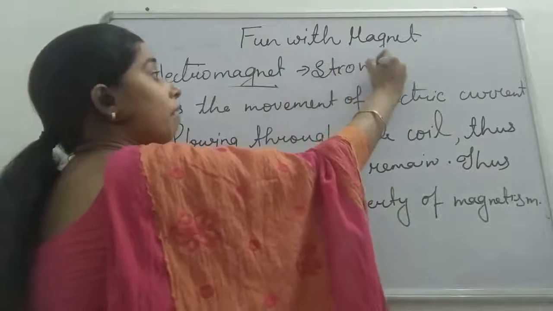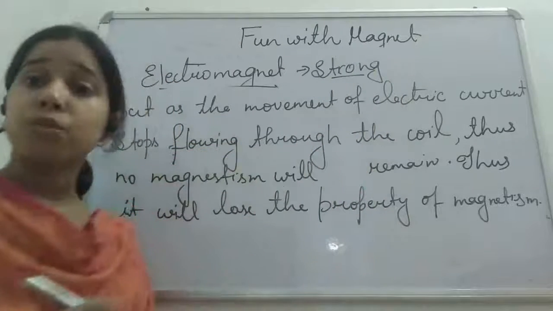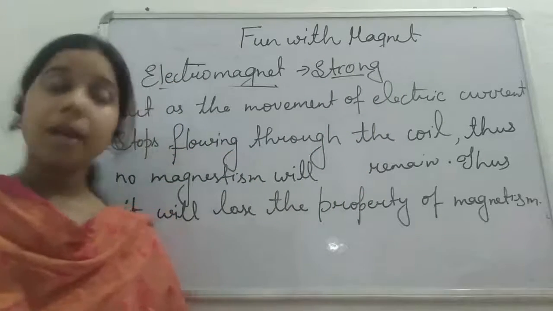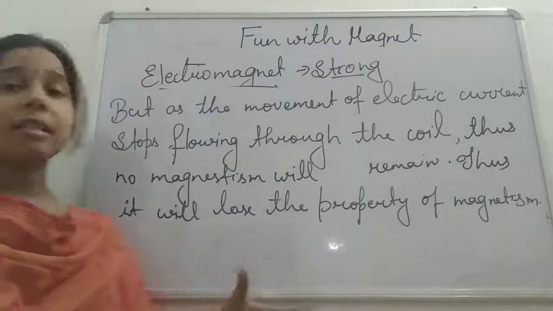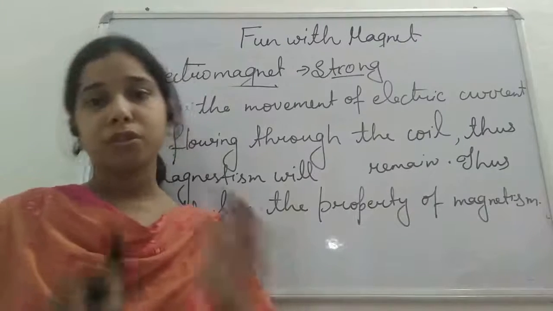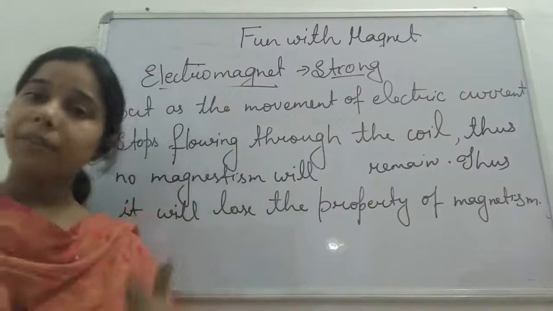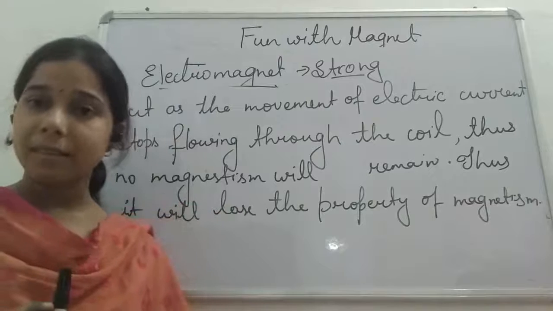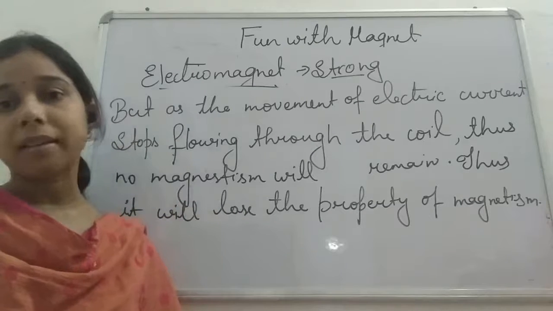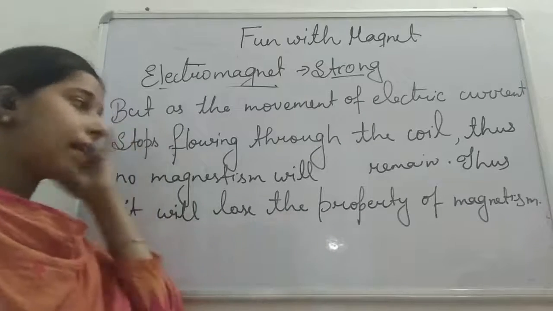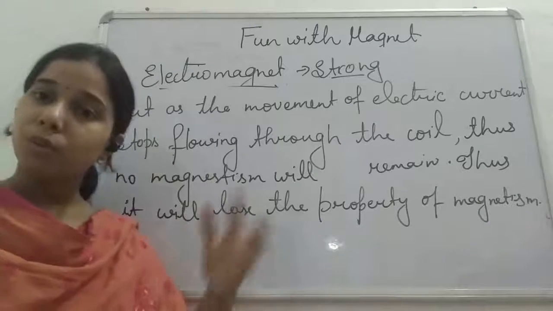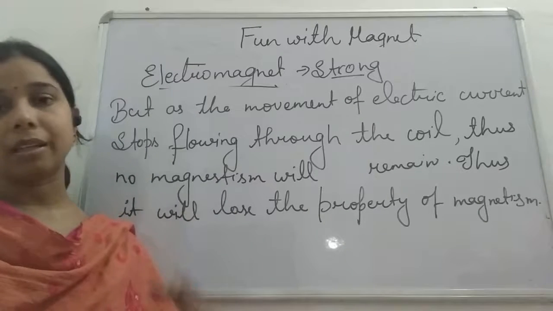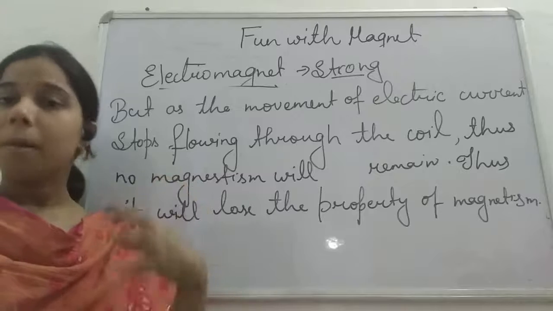They are very strong magnets and used for different purposes. But as soon as the supply of the electricity stops, then the coil will not form any magnetism around it. Thus no magnetism will be there. So we can say that the material will lose the property. The material will not be the magnet.